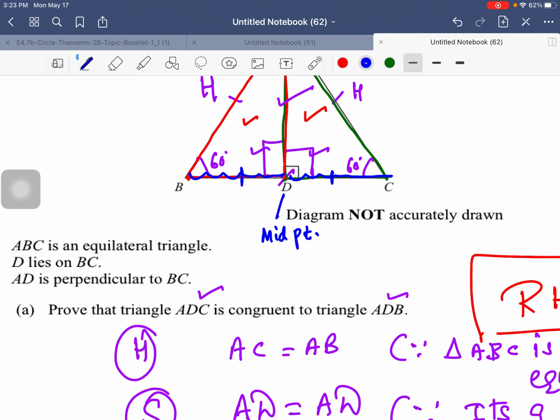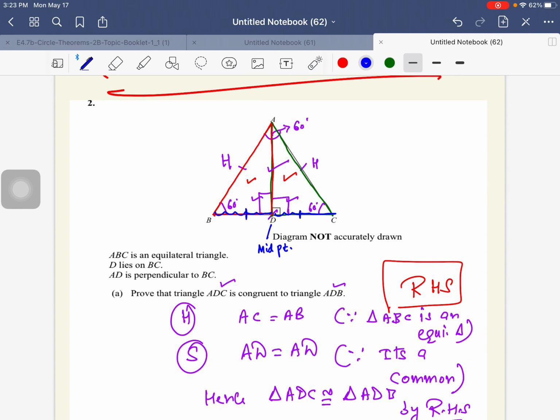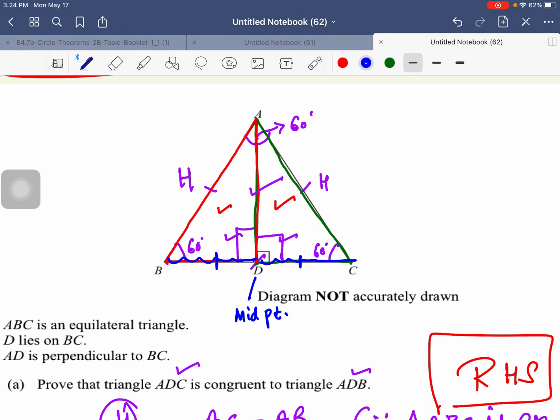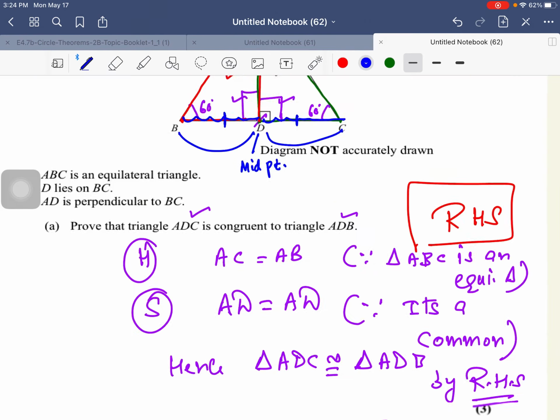Are they of equal length or not? We need to say that because these two triangles are congruent. You see here, these two triangles are congruent. Hypotenuse is equal to hypotenuse, and this side is common. So, because they are congruent by CPCT, corresponding parts of congruent triangles are equal, their third sides must be equal. And the third sides are only BD and DC.